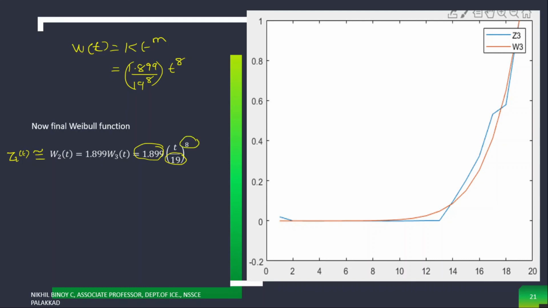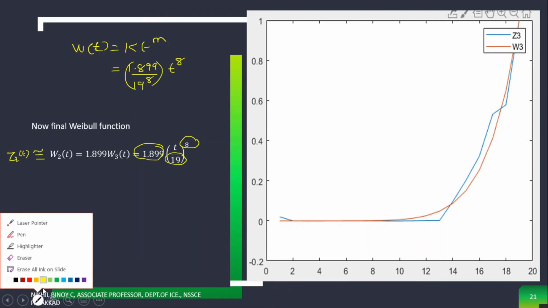That is why nowadays three parameter is also used, where gain is one parameter, the time scaling is the second parameter, and power is the third parameter. Anyway, the Weibull function representation of Z2 of t is W2 of t.